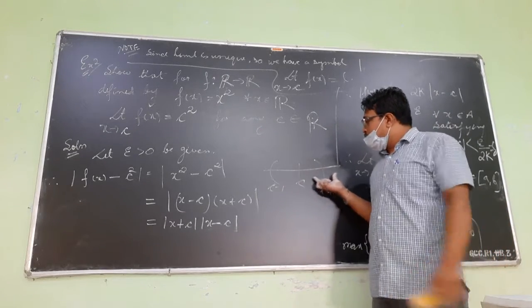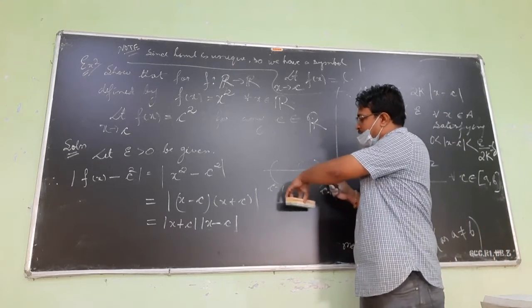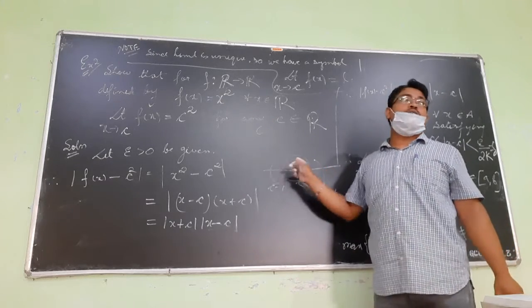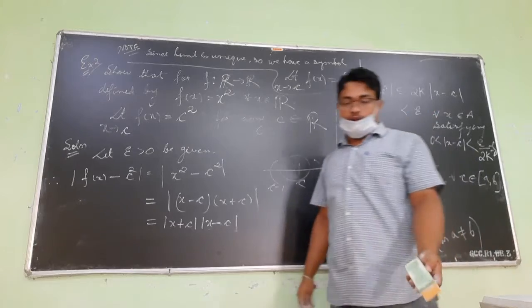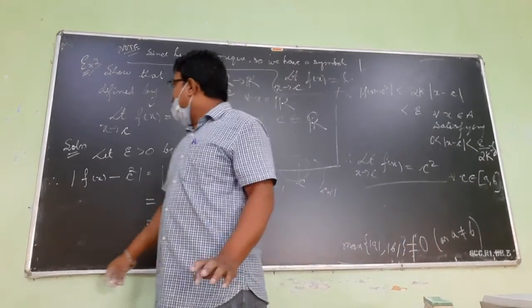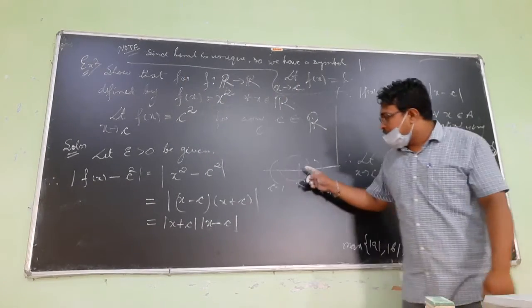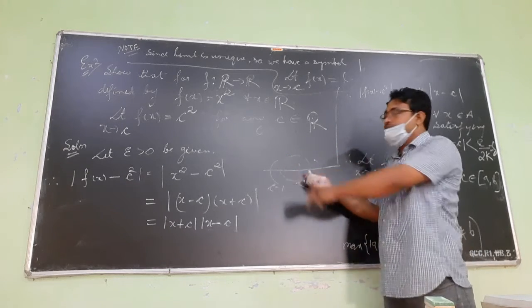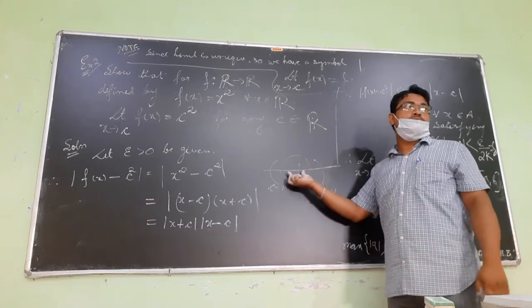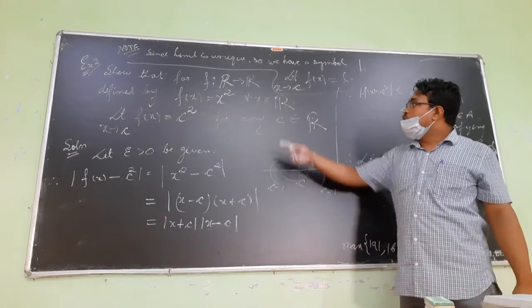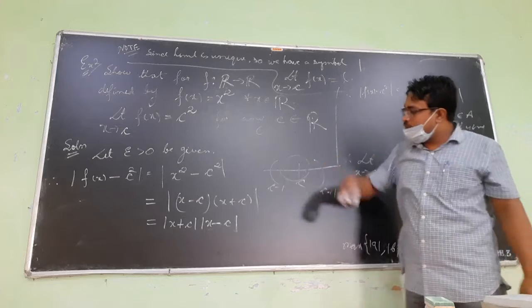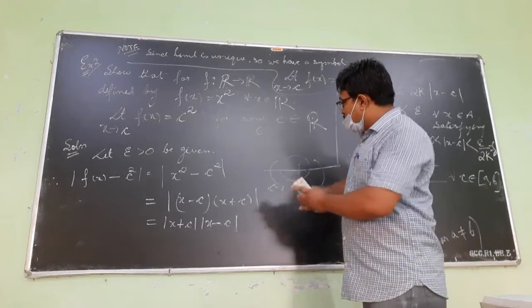So you start with c minus 1 to c plus 1 and ask what is the behavior of the function in this area. To find the limits we need to analyze the behavior of the function in a very small neighborhood of c. We don't have to think about the entire R; we can restrict our domain to this place. Let us see.